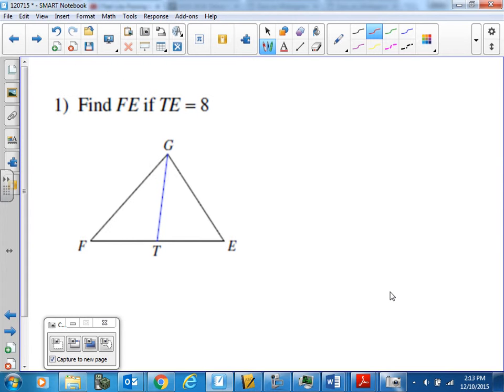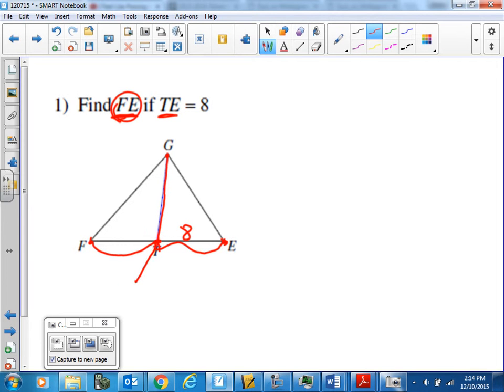So look at number one. They're asking for FE. So you want to find FE, which is this entire segment, from F to E, if TE is equal to 8. Well, TE would be right here. And remember, a median is connecting a vertex to the opposite segment's midpoint.